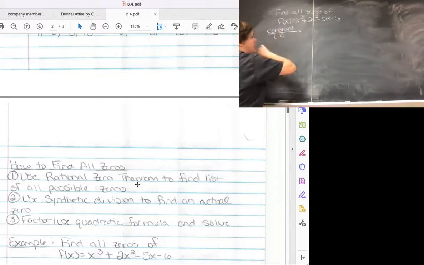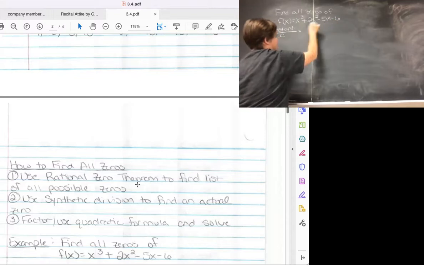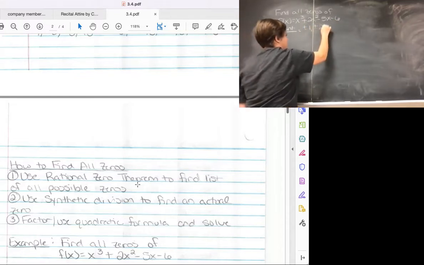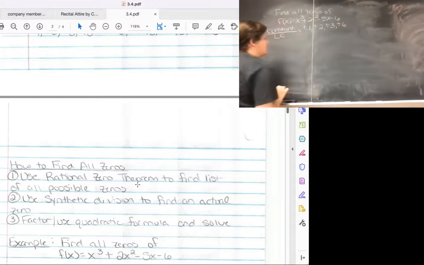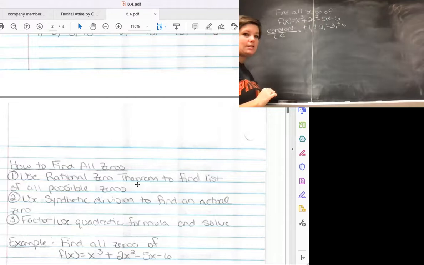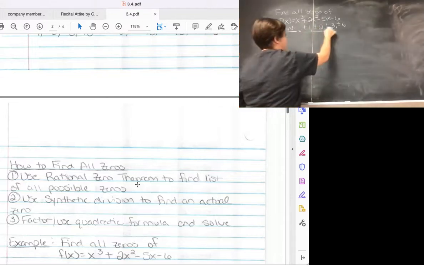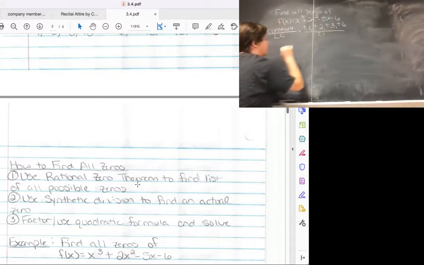Well, the constant in this case is 6. So factors of 6 are plus or minus 1, plus or minus 2, plus or minus 3, and plus or minus 6. And what is my leading coefficient in this case? It's just 1. So that's plus or minus 1.